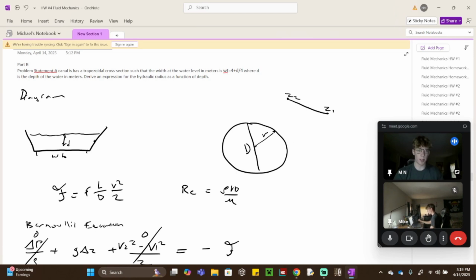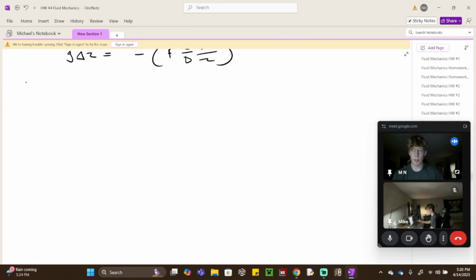So what this means is we can utilize a diameter of a circular pipe, which we already know how to work with, that represents the hydraulic diameter of our trapezoidal canal. Sorry, hydraulic radius. We get the shear stress is equal to the viscosity times some velocity with respect to some surface. We need to solve for our hydraulic radius.